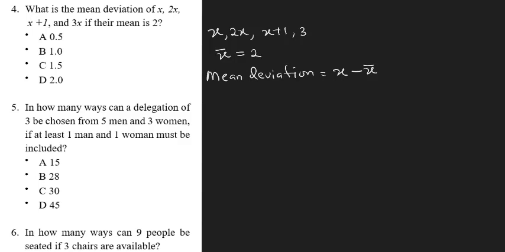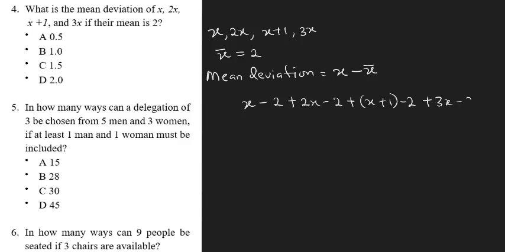The first one is x minus 2, then we have plus the next one, which is 2x minus 2. Also the next one is x plus 1. In this case I'll put it in bracket, x plus 1 minus the 2 also, then we have plus 3x.